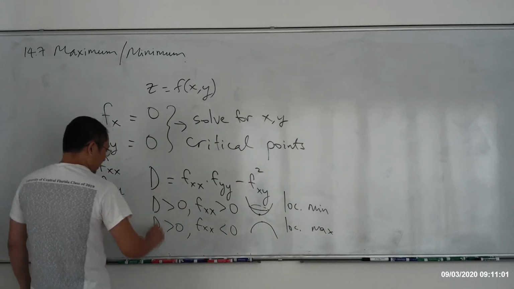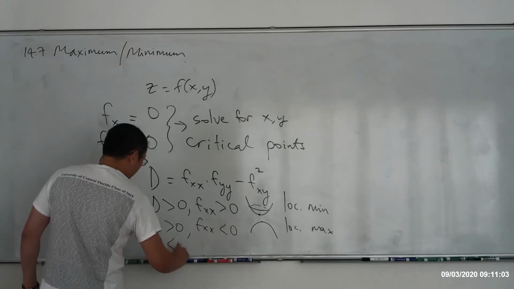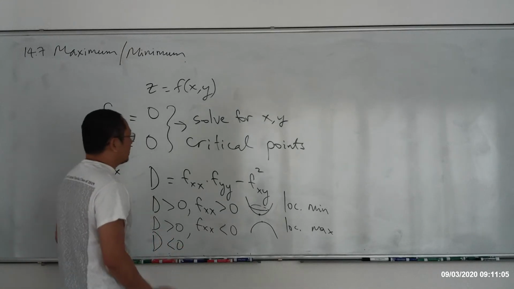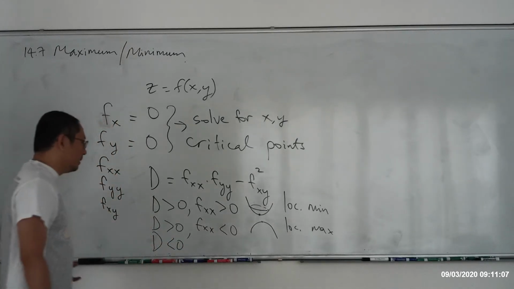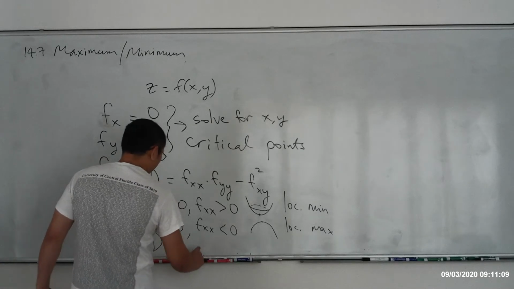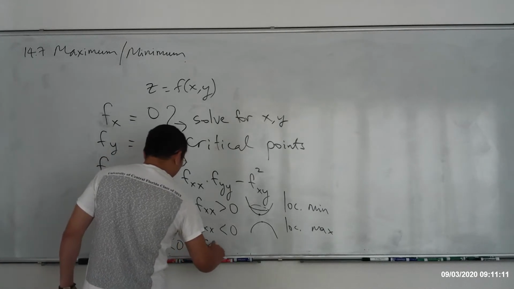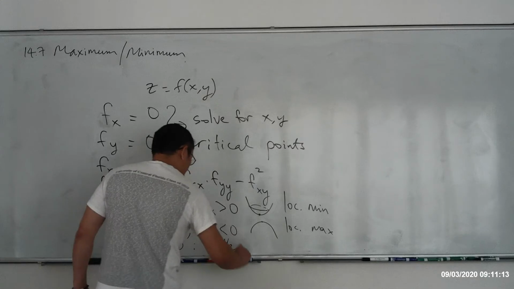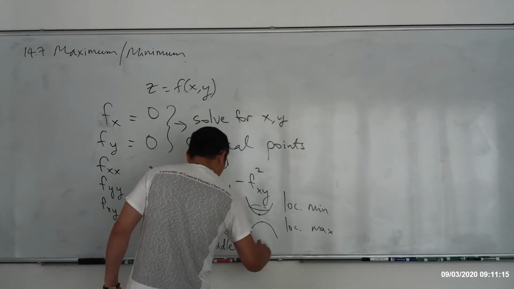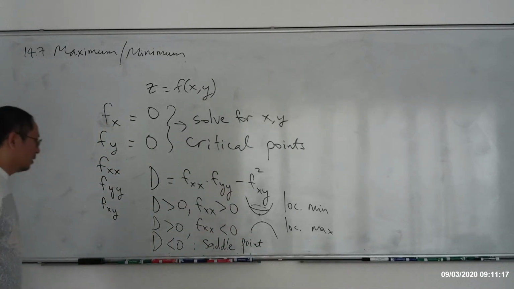If the determinant D is a negative number, then the point is like a point of inflection, but in a multivariable function, we call it a saddle point. So it's not a local max or a local min.